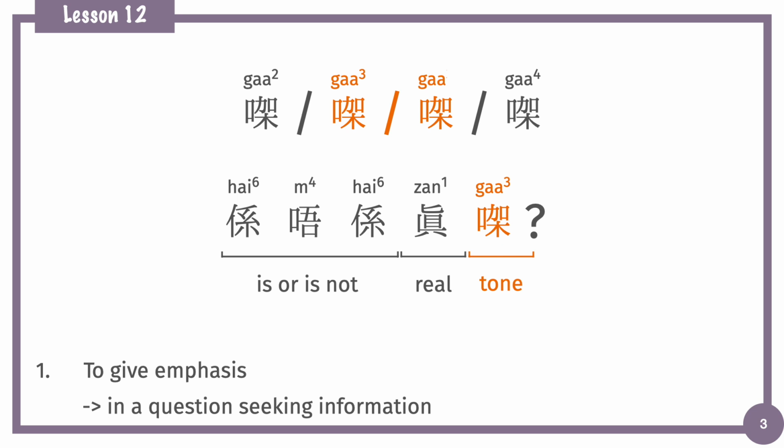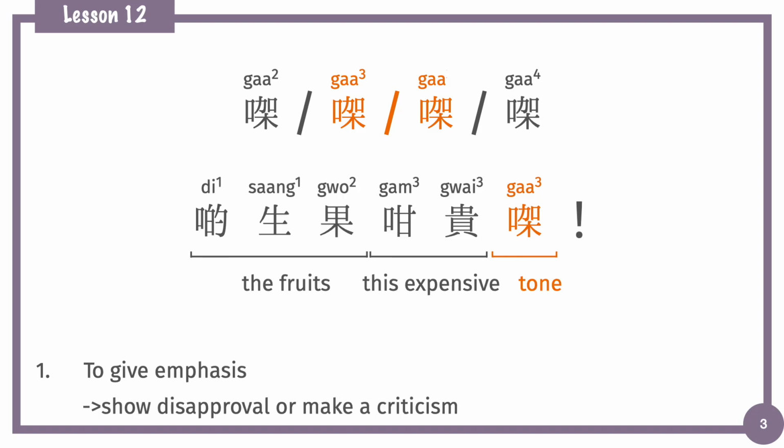And in a question, we use it to seek information, like 係唔係真㗎? 係唔係真㗎 means is it real? It's emphasizing the word real and seeking the information. Or sometimes we use it to show disapproval or make criticism, such as 啲生果咁貴㗎.